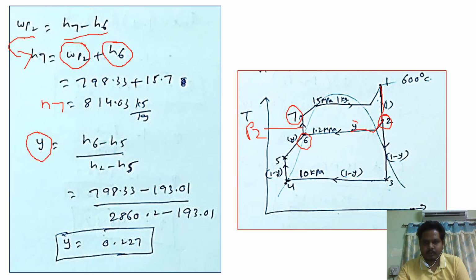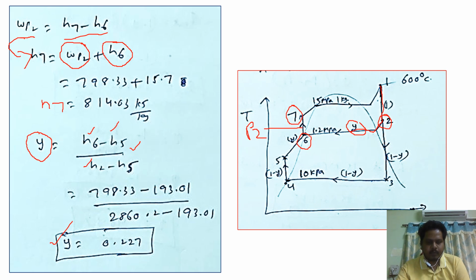So that is Y. To find Y, the equation is (H6 minus H5) divided by (H2 minus H5). This equation we already derived in the previous class. Here we know all the values H6, H5 and H2.